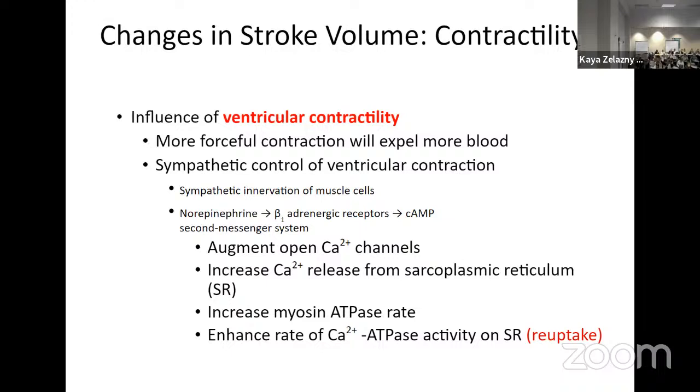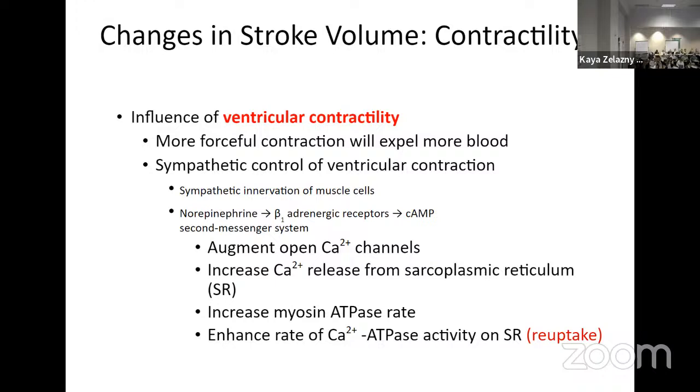Okay. So when we're thinking about changes in stroke volume, the first thing and the easiest thing we can think about is how hard does the heart contract, right? Because it's the heart contracting, specifically the ventricles contracting, squeezing that blood out, right? They're raising the pressure in the ventricle. It overcomes pressure in the artery that they're pumping into, right? And that's how we get blood leaving the heart.